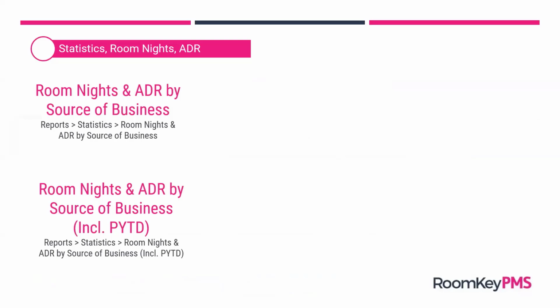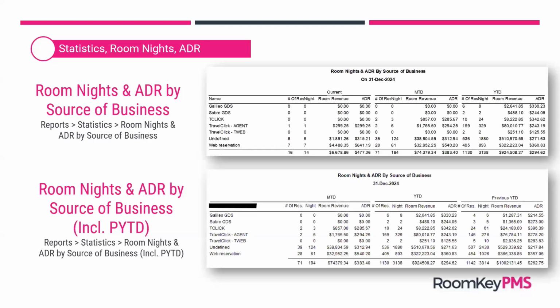Now, another common variation of the room nights and ADR that we get a request for is source of business. We have two variations of this room nights and ADR by source of business. We can see the standard one, or we can take a look at statistics that include previous year to date, so PYTD. I'm going to show both of these reports on screen.